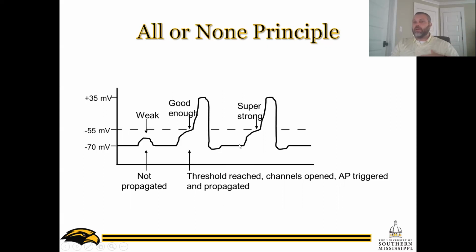Now we have a super large stimulus coming, and it still gets to that threshold. So you get the same response whether it barely reaches the threshold or is way over it. The nerve has the same response: it's everything the nerve has, or it's nothing at all.